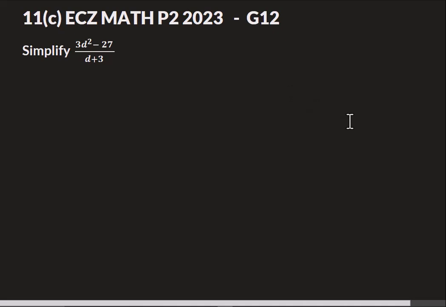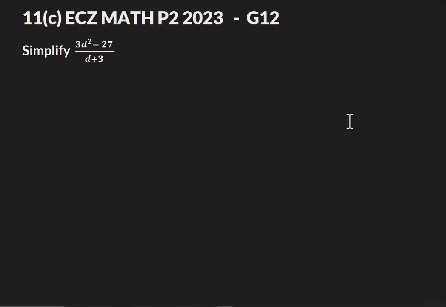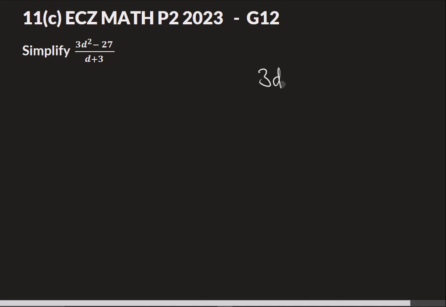In such a question, the first thing you should do is try looking for a common factor in the first term, this 3d squared and 27. What number can go into both 3d squared and 27?